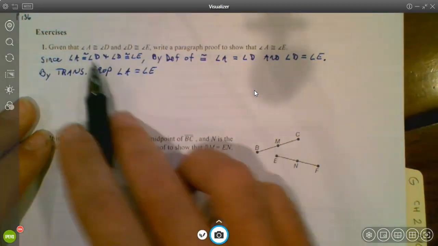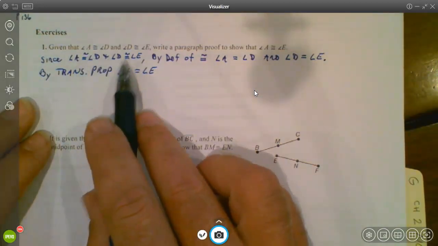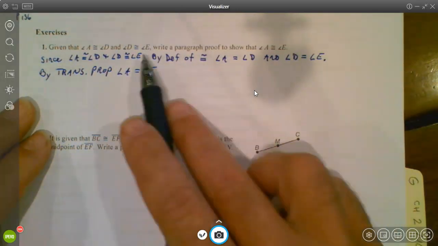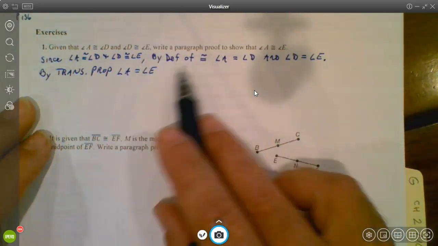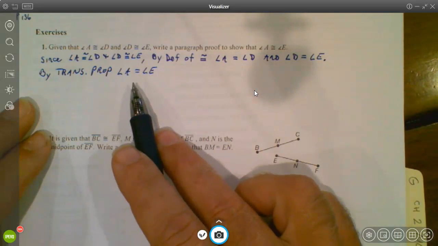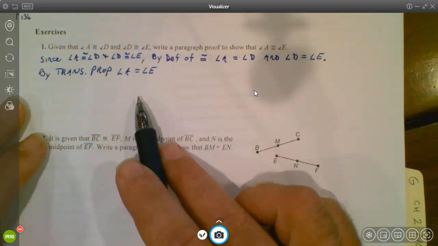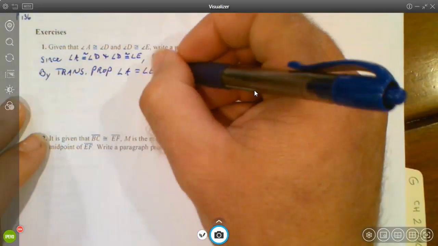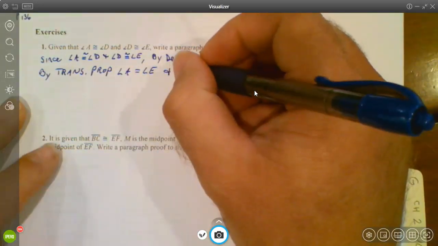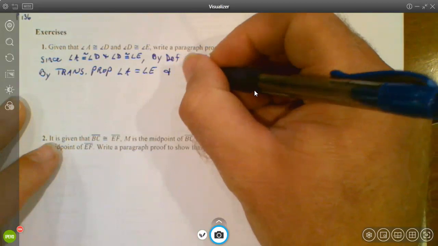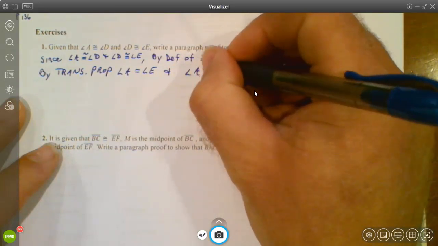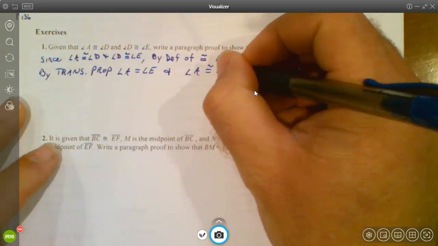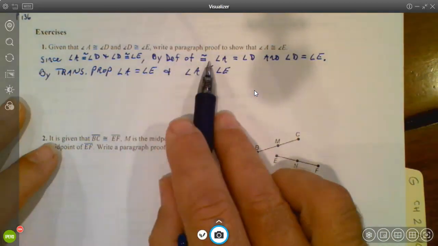So why didn't we just do that from here? Why did we have to switch it to equals in order to say this? And now I got to switch it back to say that A is congruent to E. Let me just write it while I'm saying it. So angle A is congruent to angle E by definition of congruence.